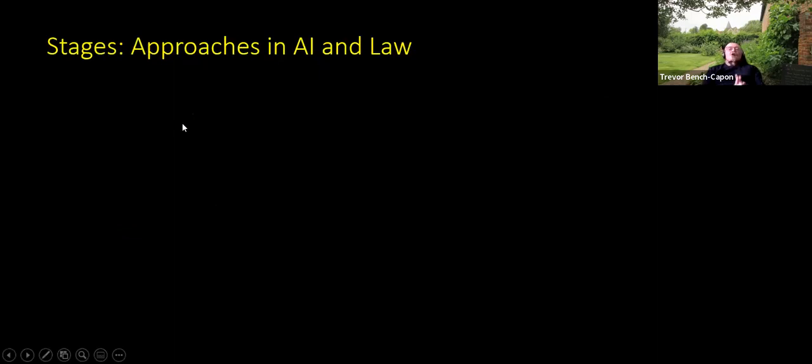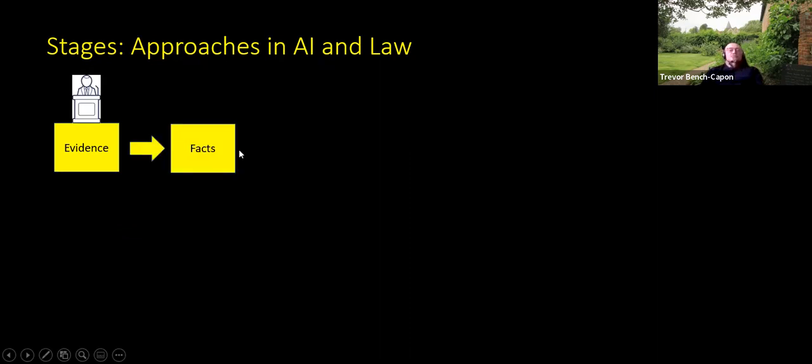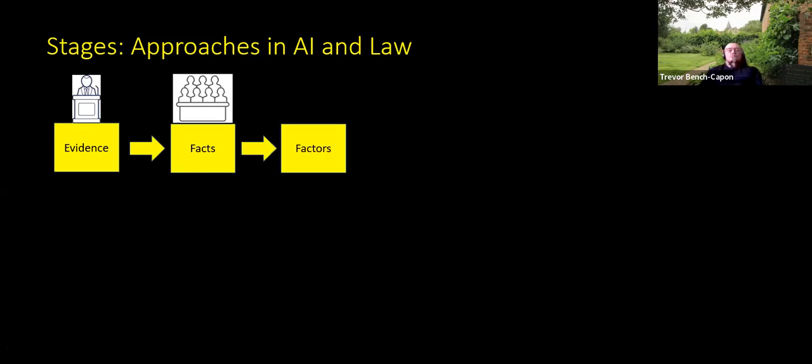So if we look at these stages, we can see that various approaches have been applied to different stages. If we think about evidence, it comes from the testimony of a witness, it then moves on to facts, typically decided by a jury of lay people.